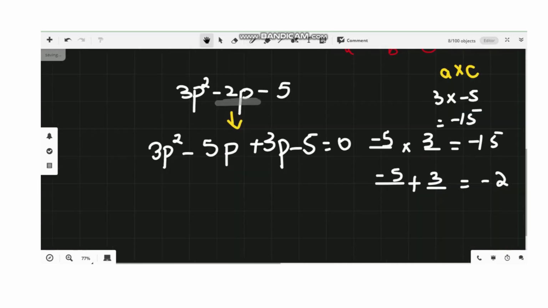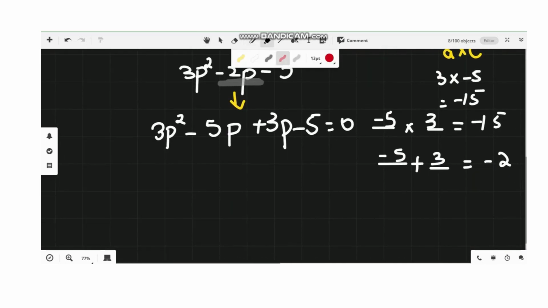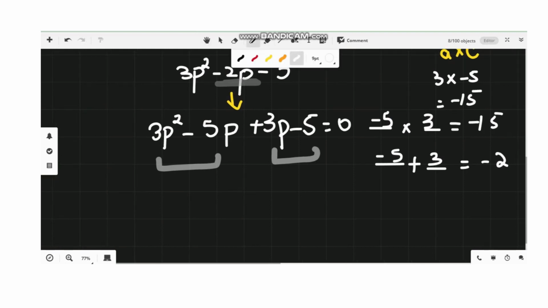Now we make pairs: 3p square minus 5p, and 3p minus 5, and see what is common. Looking at the first two terms, just p is common, because 3 and 5 are both odd prime numbers, and 5 is not divisible by 3.